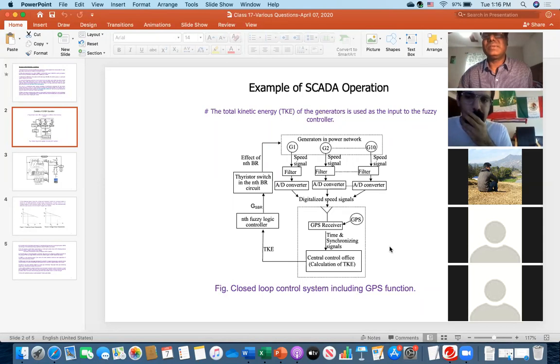So that's why the total kinetic energy is a very popular global variable in the conventional system. And you keep in mind that in this system, all generators are synchronous. There are no wind generators, no photovoltaic or other systems. So that's why we use the total kinetic energy.